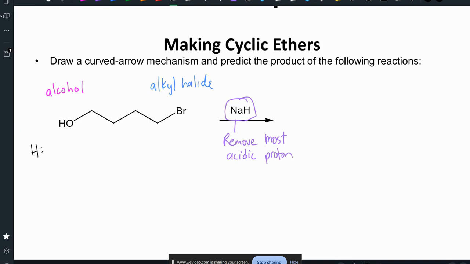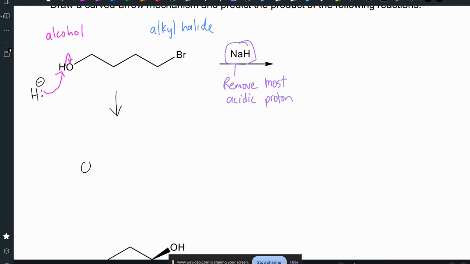In this case, the most acidic proton is the one on the oxygen. So I'm going to deprotonate the alcohol.